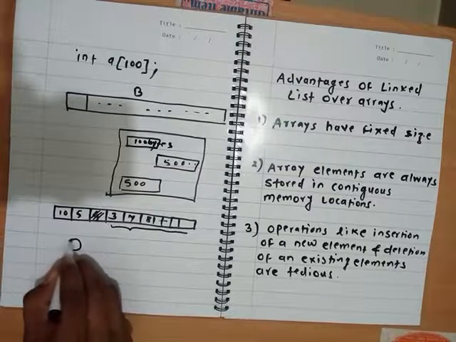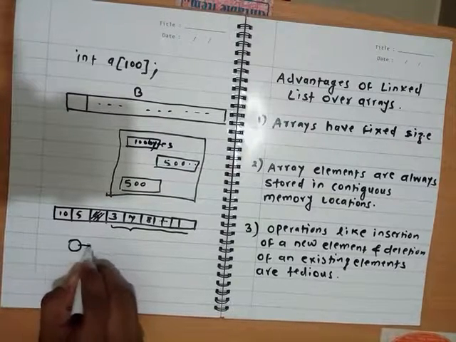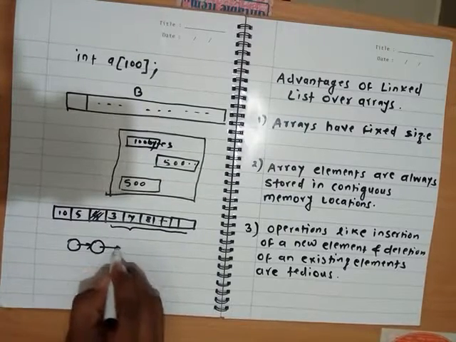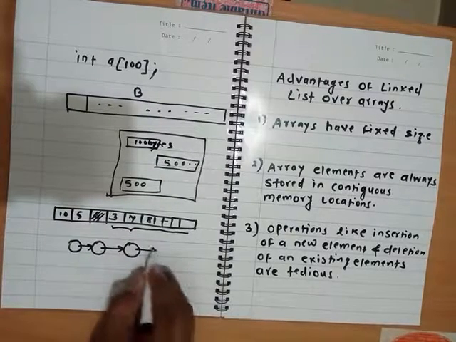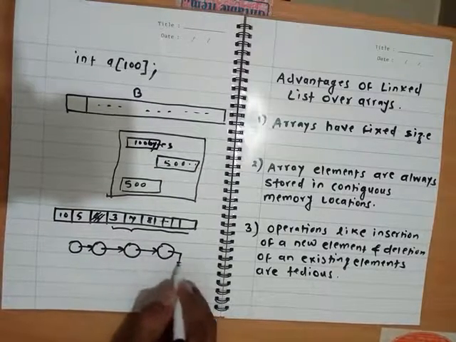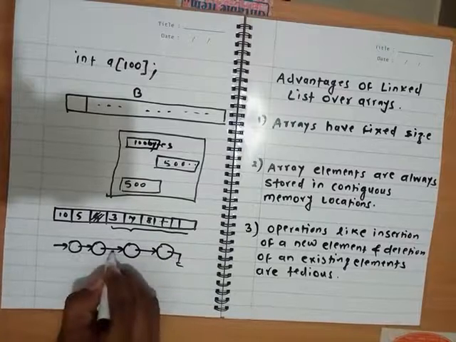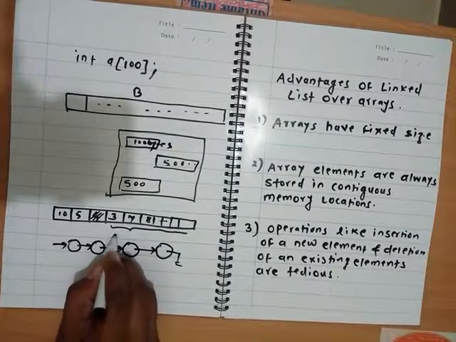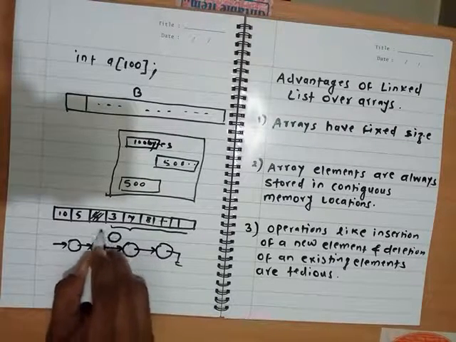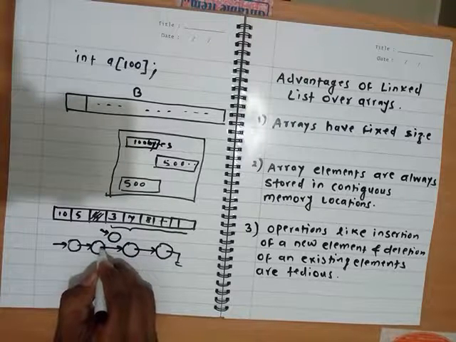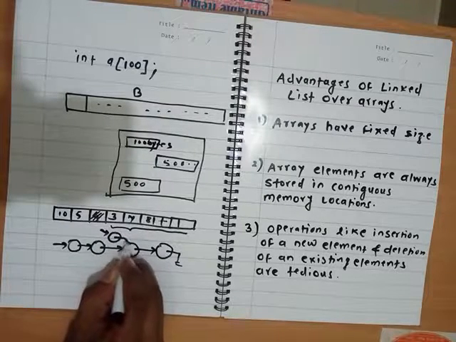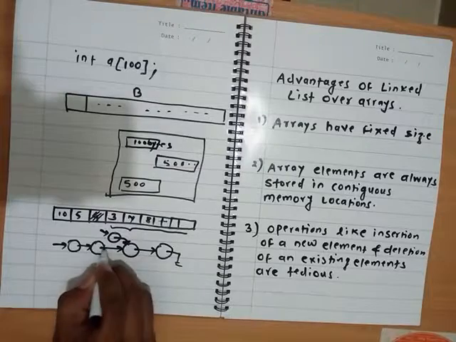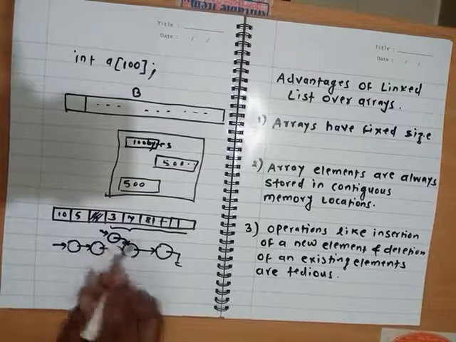For example, if I have a linked list which looks like this, and I want to insert a node between these two nodes, I'll simply create a node, and then I'll point the next pointer of this node to this, and then the next pointer of this node to this.